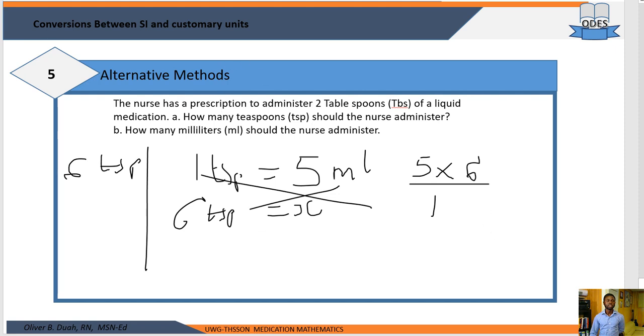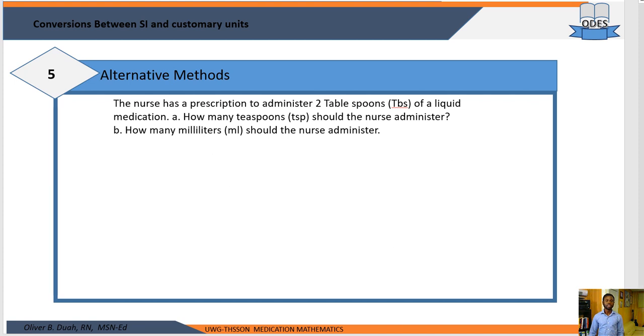And this will still give us 30 ml. So in this we have to do it in 2 steps: calculate for the TSP and then calculate for the ml.